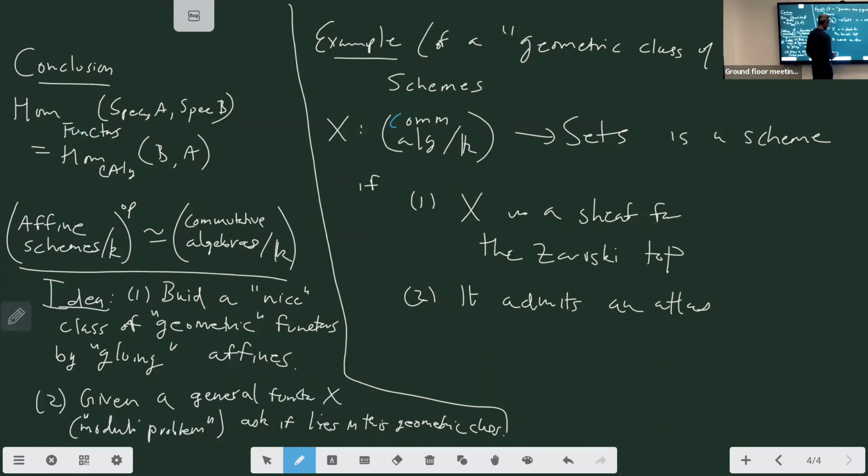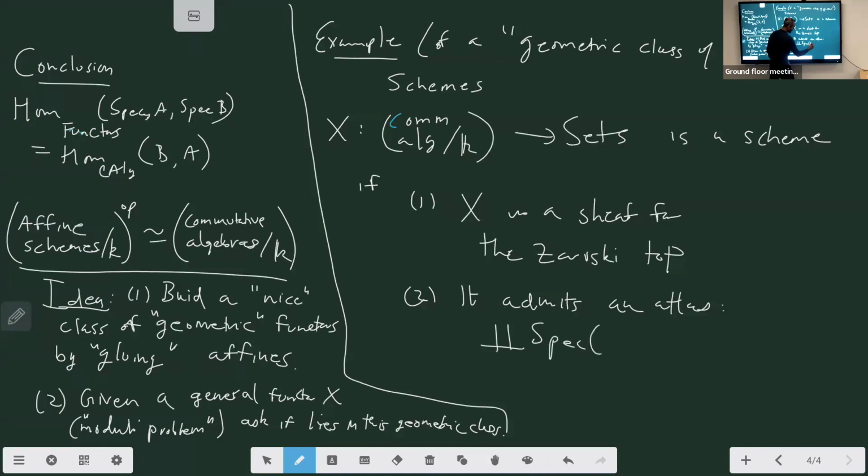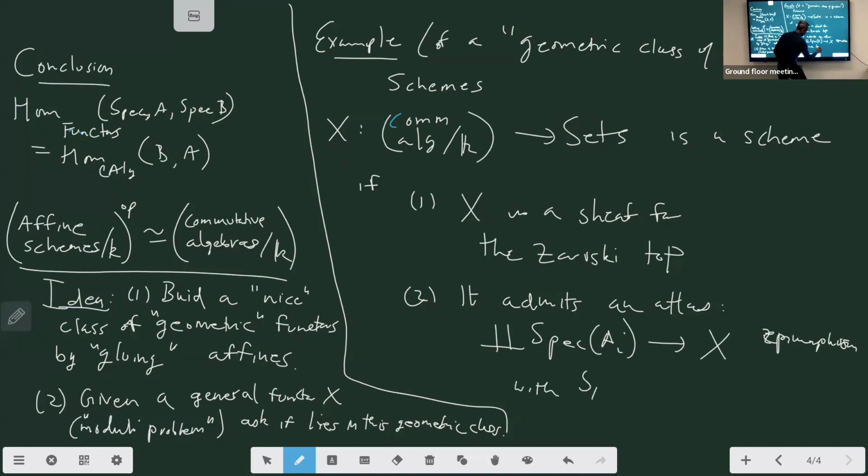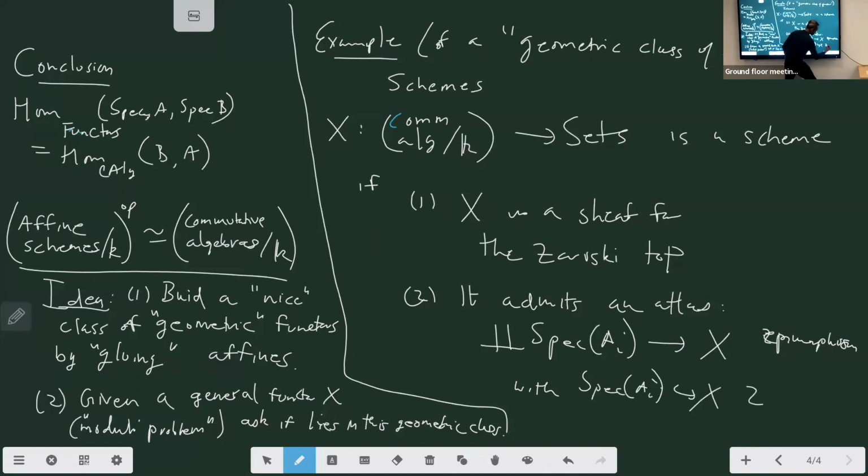So here an atlas is a map from a disjoint union of spec A_i to X, which is an epimorphism, with each spec A_i contained in X as a Zariski open subfunctor.